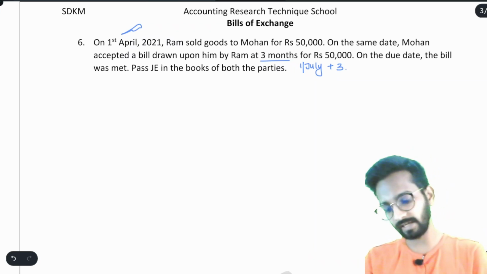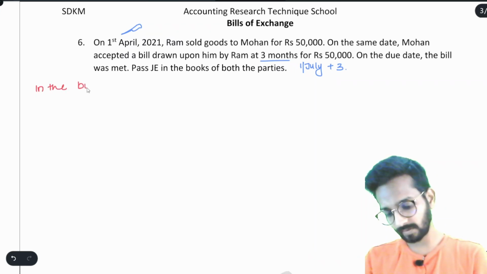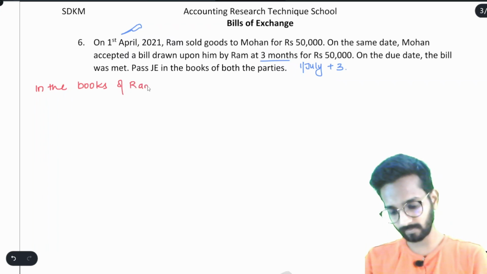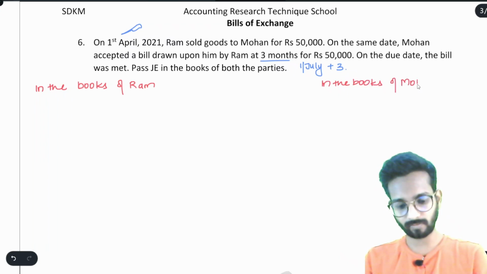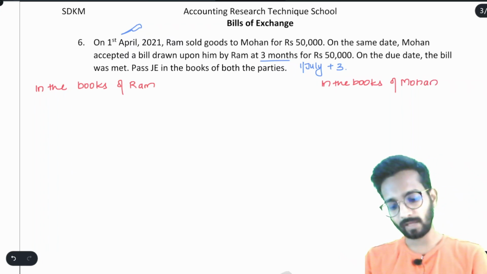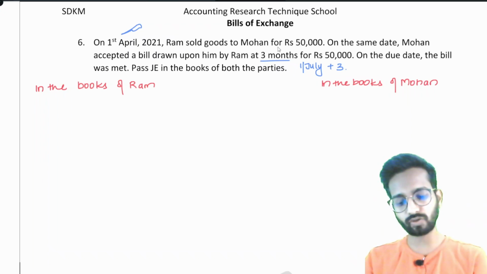So, I am just giving the heading: in the books of Ram and in the books of Mohan. Okay. Now, on 1st April, Ram sold goods to Mohan.